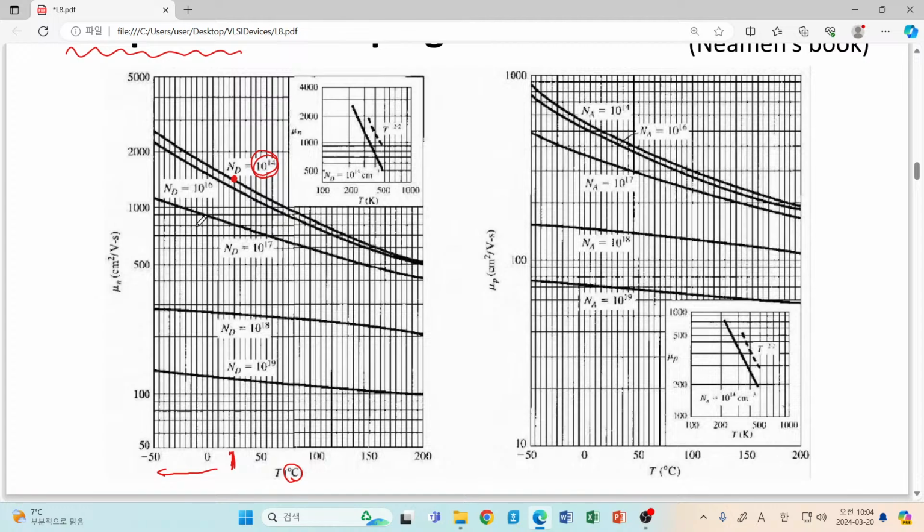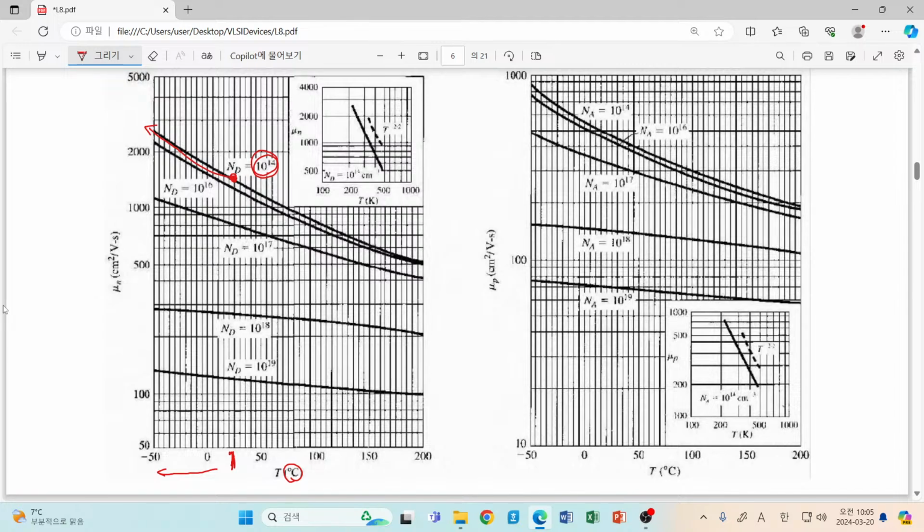Even if you buy a wafer which is not doped at all, typically you can get values like 10 to the 15, and that is the minimum value. So this is a special one made for an experiment. After that, when you cool it down, you can see the mobility goes up significantly.